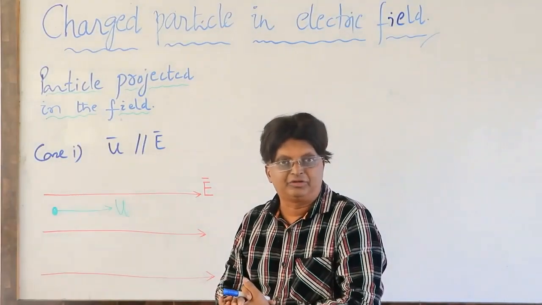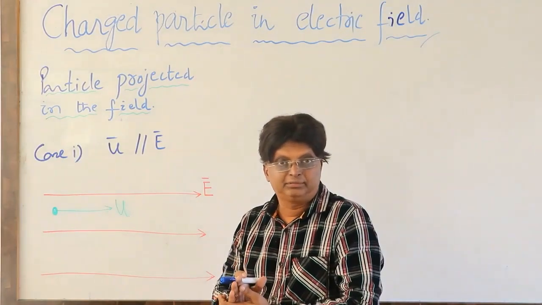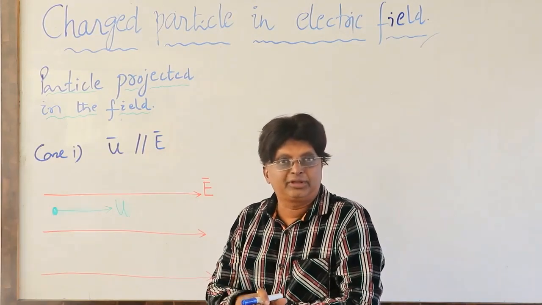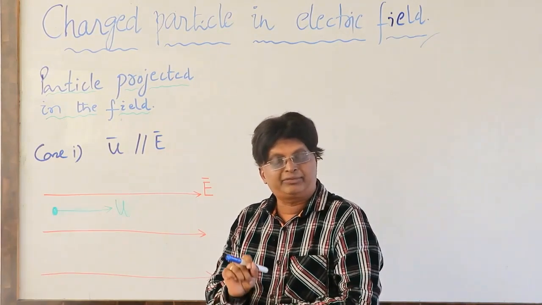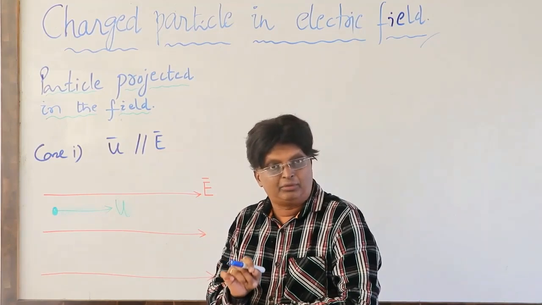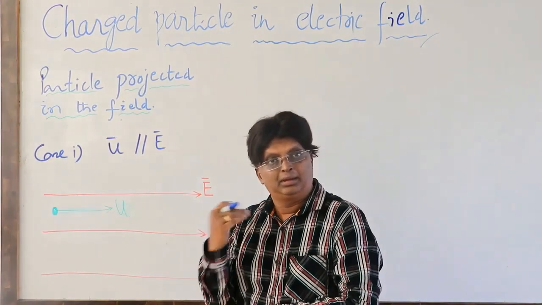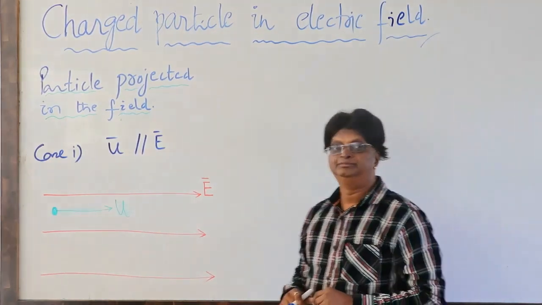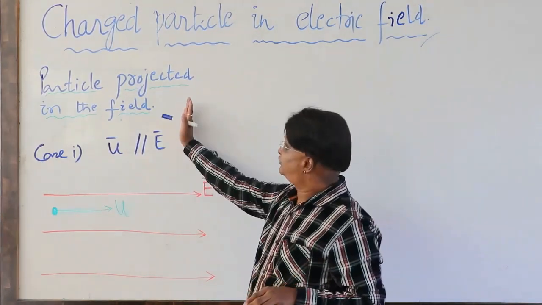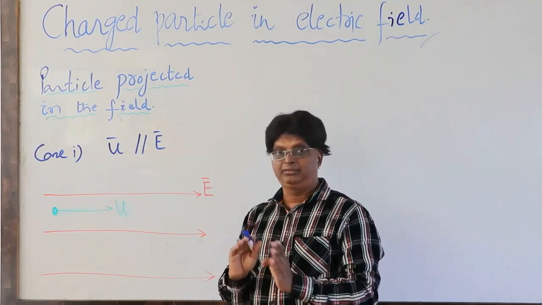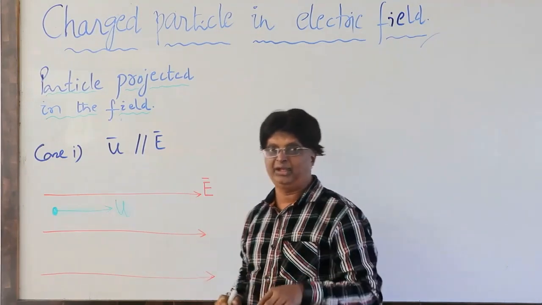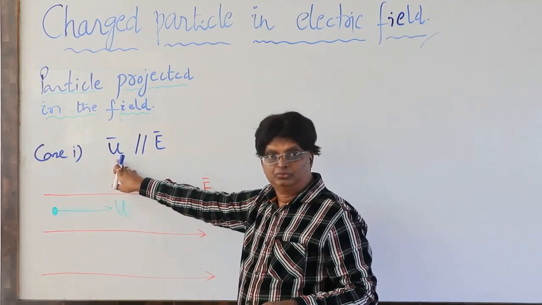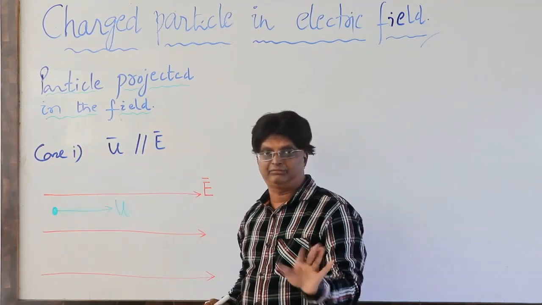Now we consider the case of charged particle projected, thrown in a uniform electric field. Same terminology, remember? Particle mass M, charge small q I am using, and electric field strength capital E. Now, this is the case of particle projected in the electric field such that it is projected with a velocity U. U bar is its initial velocity.